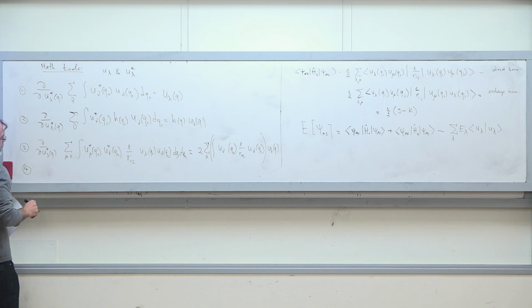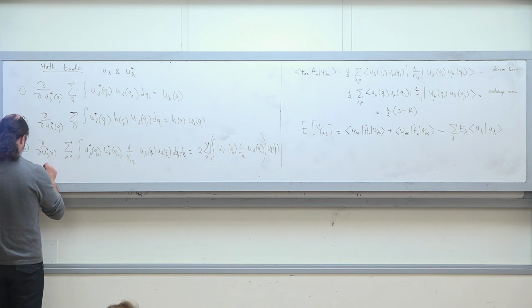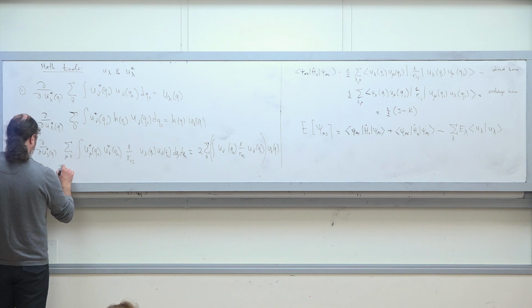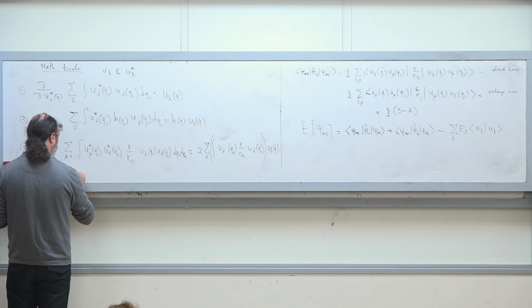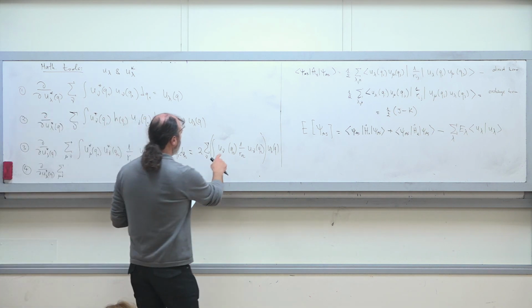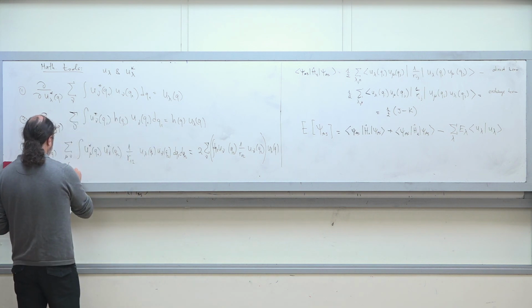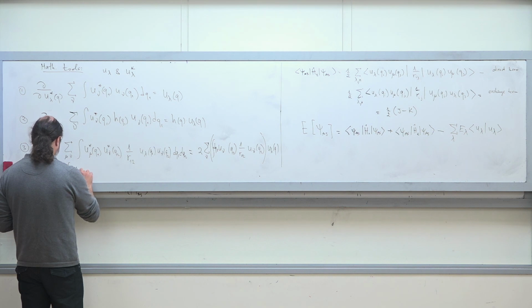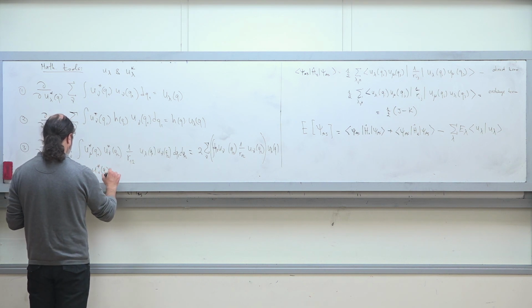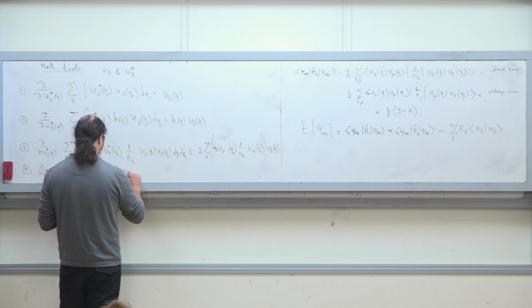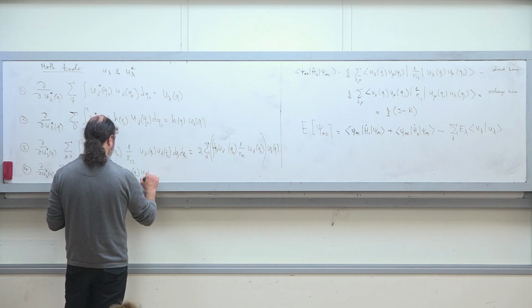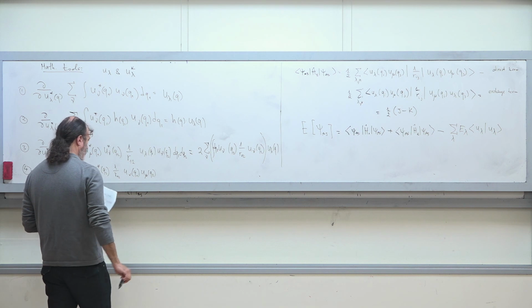The variation du lambda star of u acts on the sum over mu, where the integration over dq2 is included: u mu star of q1 and u mu star of q2, 1 over r12, u mu of q1, u mu of q2.